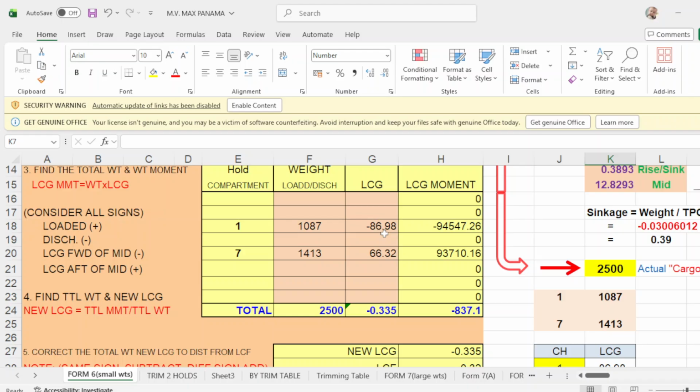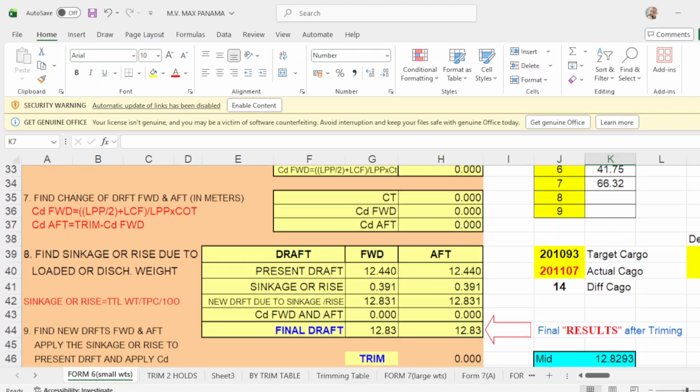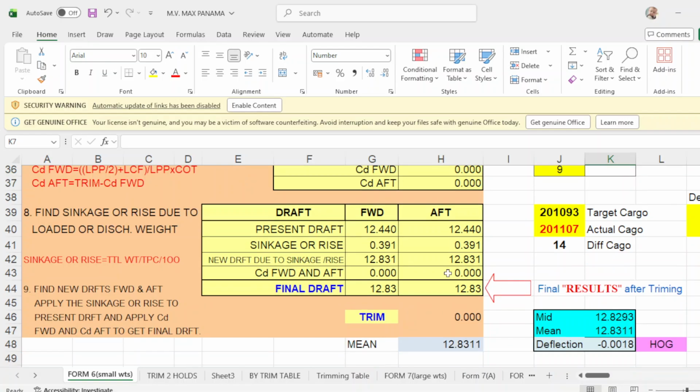Apply your LCG, and hold number 7 you load 1417 or 1413. Apply your LCG, and your departure forward will be 12.83, aft will be 12.83, 0 trim, and mean is 12.83, and your deflection is 0. So that's it. There's 2 programs now.